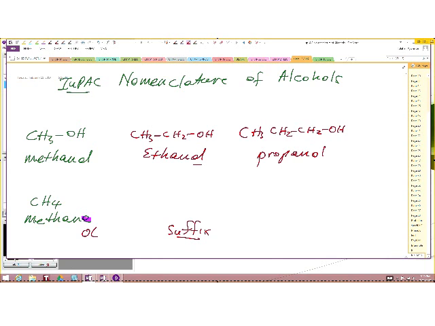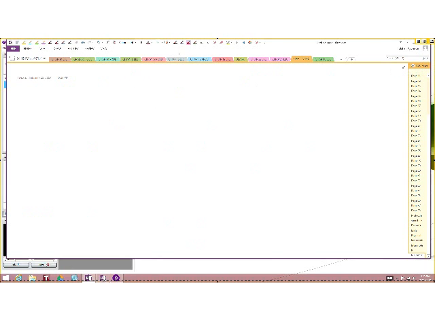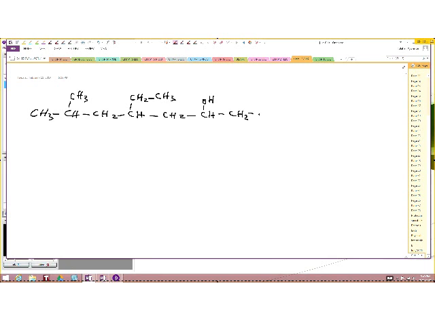Now let us look at more complex molecules. Supposing I have this. What are we going to call this?